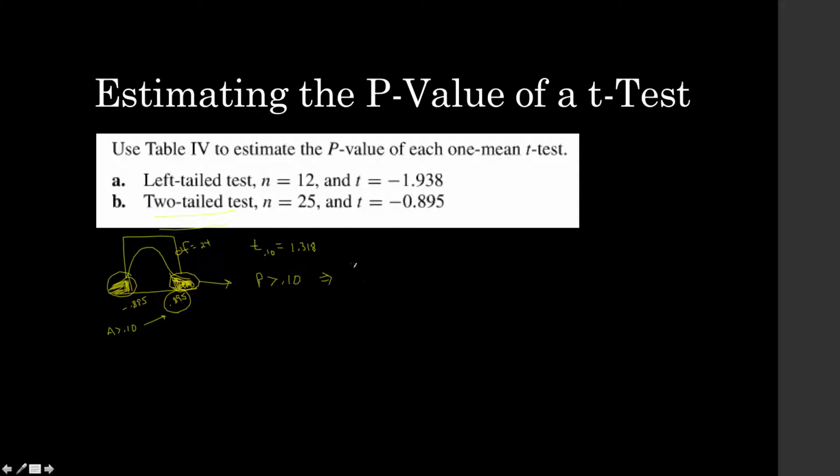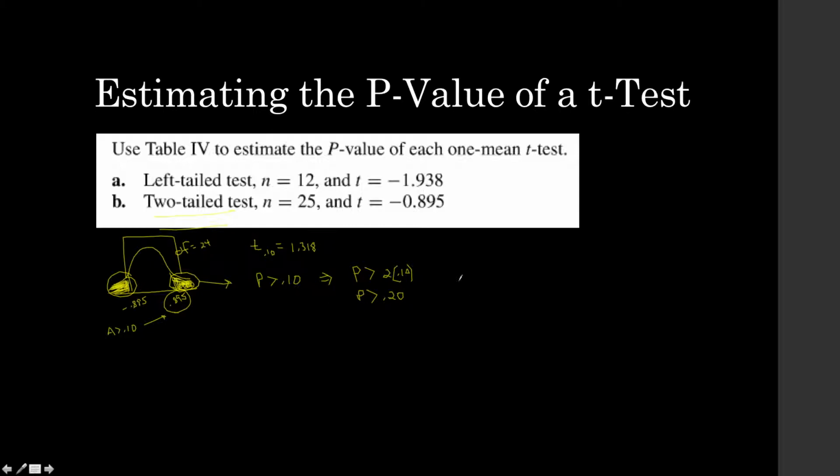So p has to be greater than 2 times 0.10, so p has to be greater than 0.20, 2/10. So this is what we would say: the area under the t-curve that lies either to the left of negative 0.895 or to the right is greater than 0.20. So P has to be greater than 0.20.